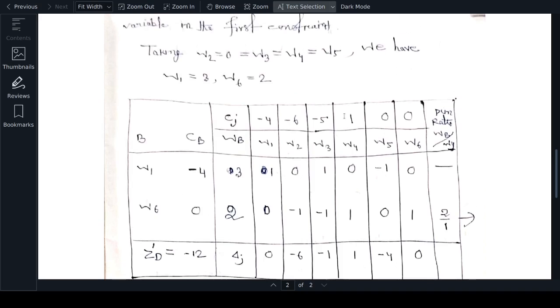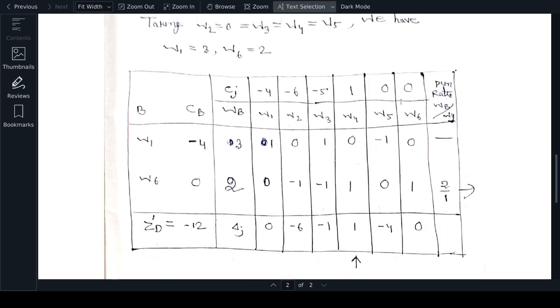Okay, and when we find delta J, you see in the W4 column this gives us a positive value. So for this, we find the minimum ratio. How to find the minimum ratio? W_B by the incoming vector. The incoming vector is W4, so W_B by W4.